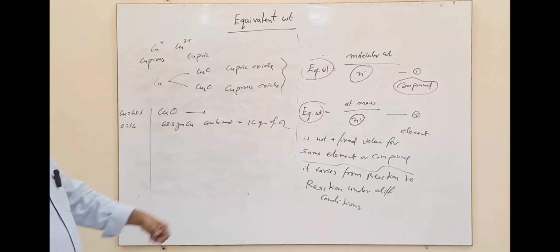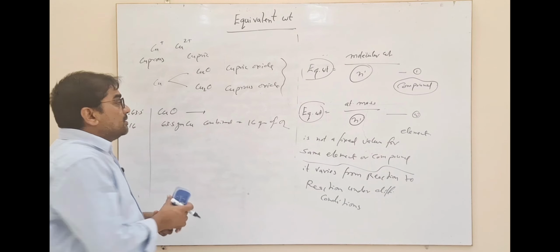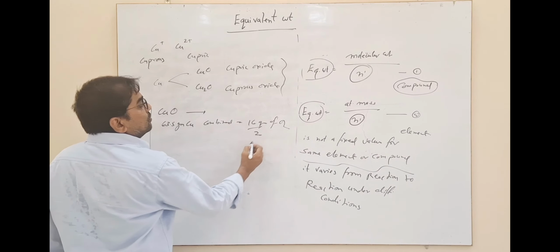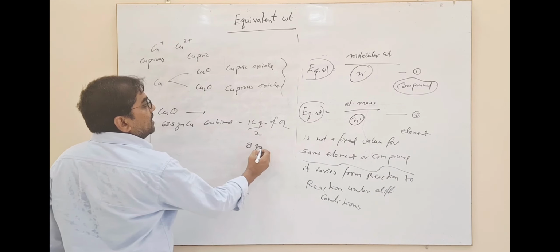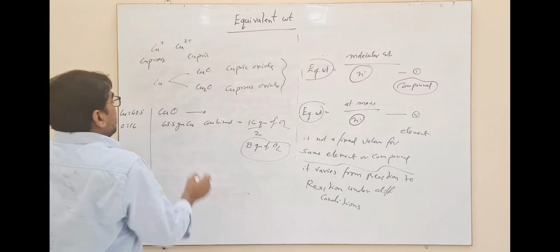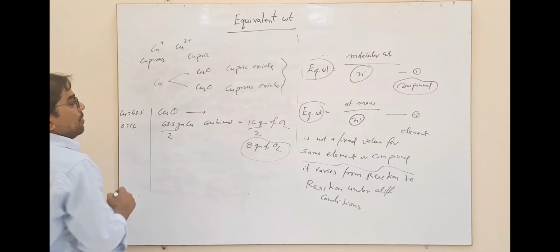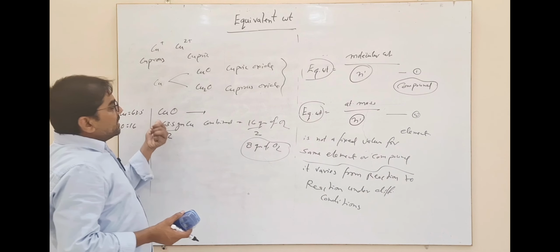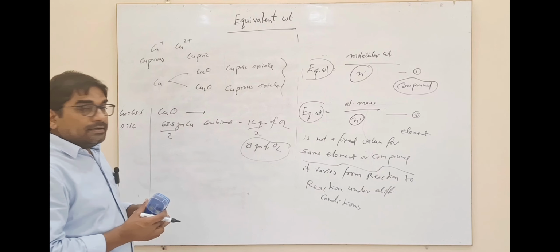If it is divided by 2, it becomes 8 gram of oxygen as per the definition of equivalent weight. So copper will also be divided by 2. What will be the equivalent weight of copper in cupric oxide?